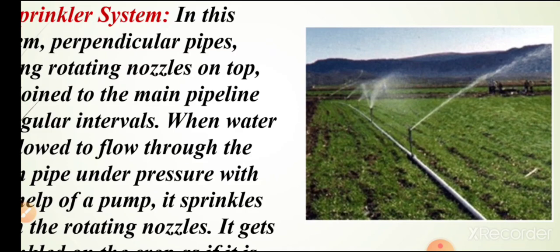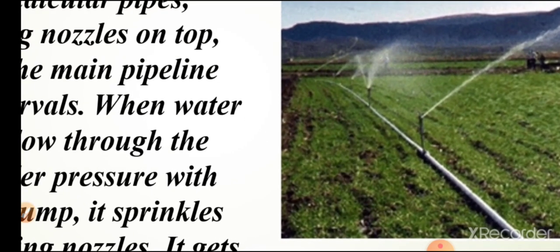When water is allowed to flow through the main pipe, under pressure with the help of a pump, it escapes from the rotating nozzles. It gets sprinkled on the crop as if it is raining. It is very useful for sandy soil. Now you can see here, this is the sprinkler system.